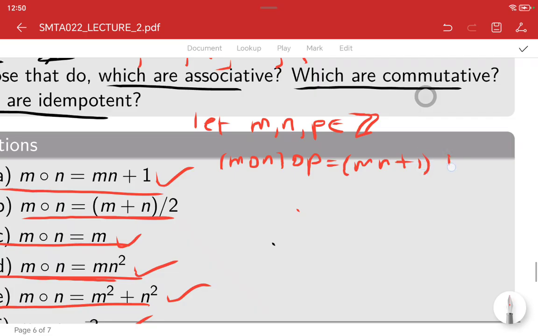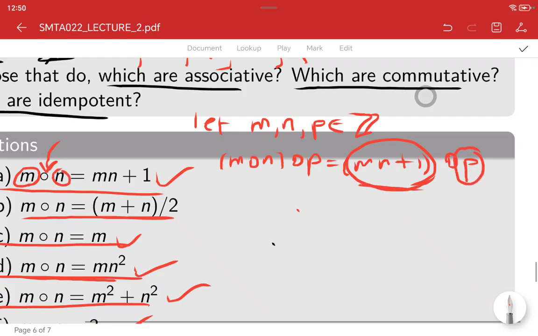So the first step is simple to plug. And then I put O P. So the binary operation says this, guys. According to this definition, M is now represented by this. Do you agree with me there? According to this definition, the left hand side is represented by the left hand side, the right hand side is represented by the right hand side.